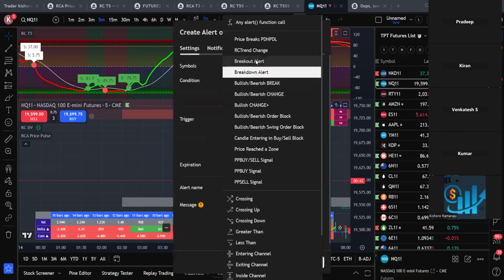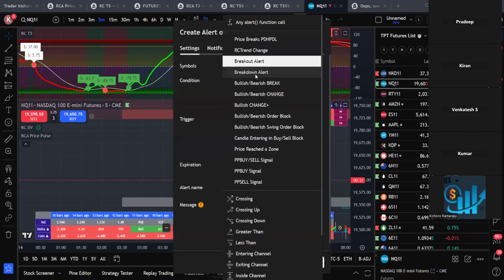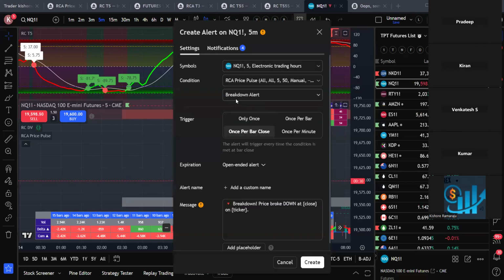So whenever it moves out of consolidation, you will get a notification that NQ was in consolidation and now it moved above the box. Or it will say NQ was in consolidation, now it dropped.